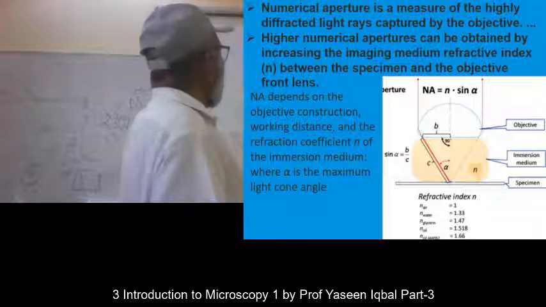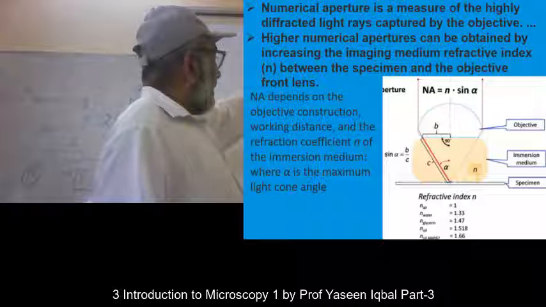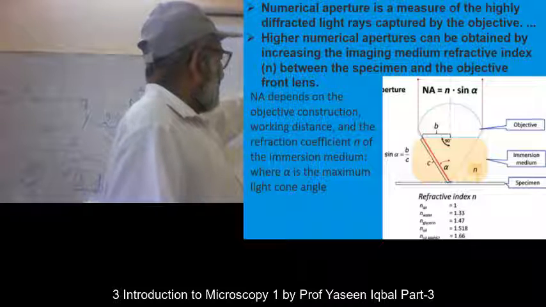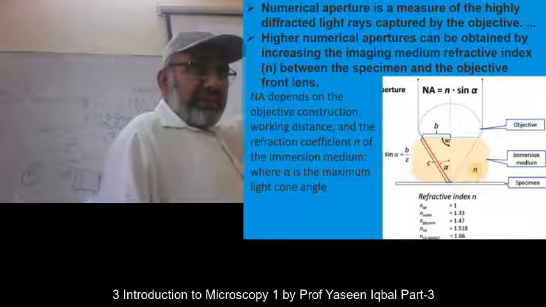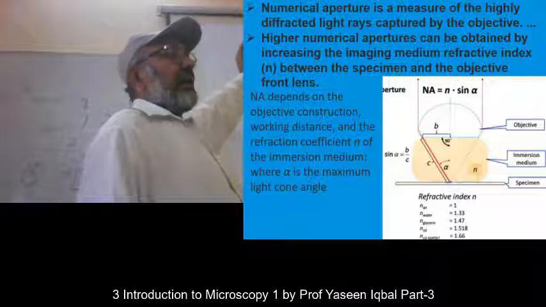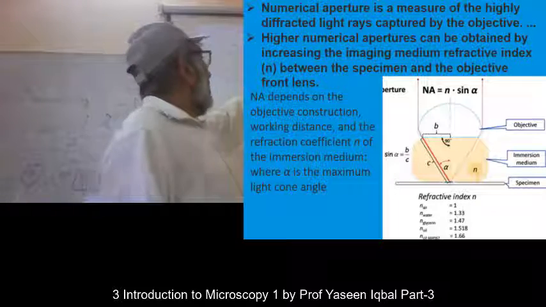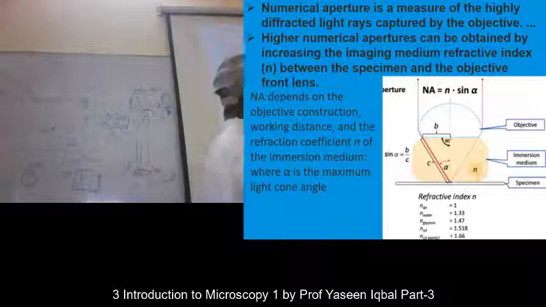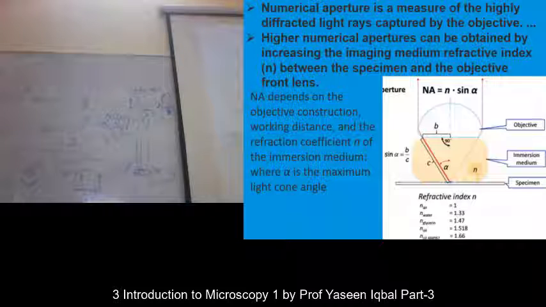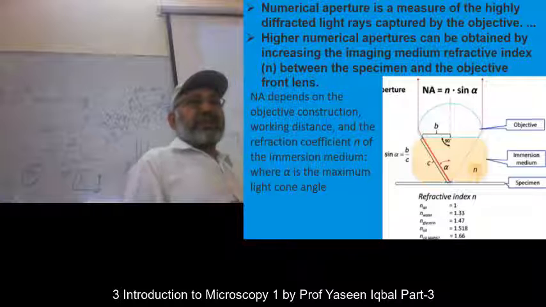the numerical aperture is n sine alpha. n is the index of refraction. Refractive index. And sine alpha is this semi-angle of the maximum, that optimum distance I told you.